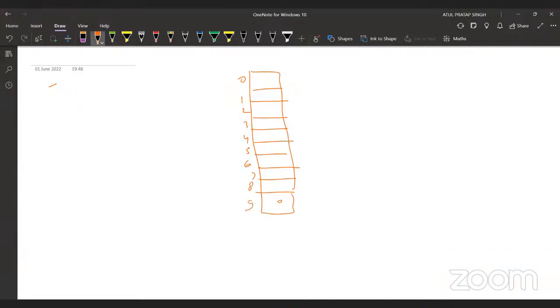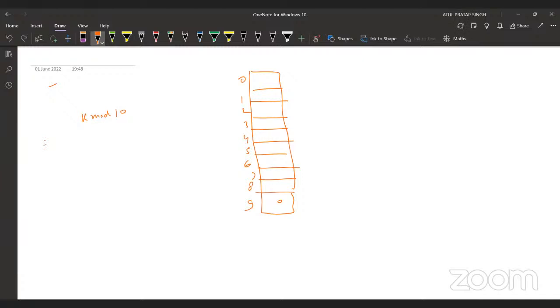Every time we use one hash function, we generate the index using a value, for example k mod 10, where k is our value.